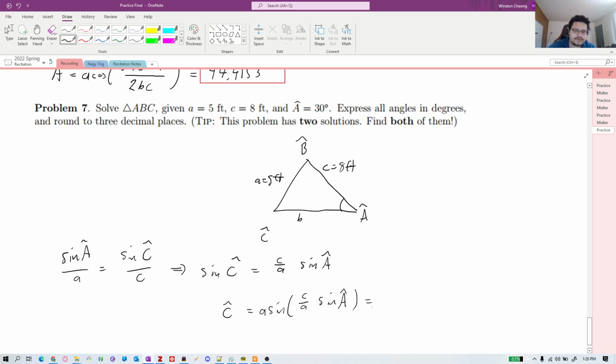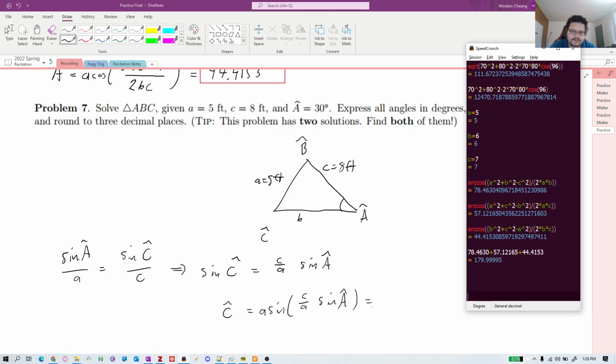So when we plug this into a calculator, I'm not going to use variables because the variables are different already at this point. We're in degrees, so we can plug 30 degrees in, fine. Arc sine of, and then C, so that's 8 divided by A, which is 5, multiplied by sine of 30 degrees. Actually, you should know what sine of 30 degrees is. It's 1/2.